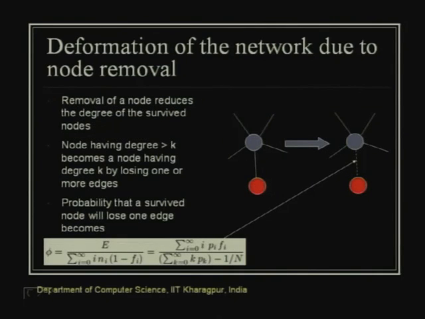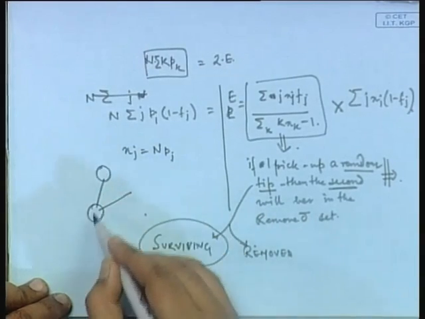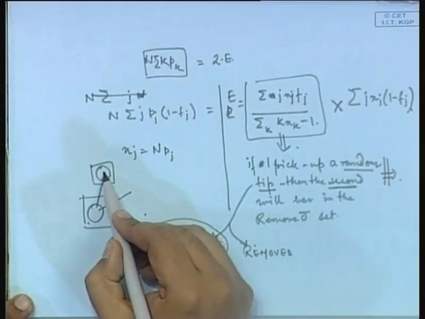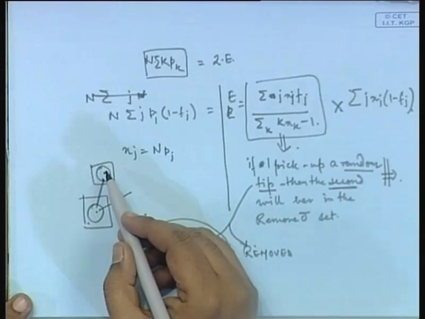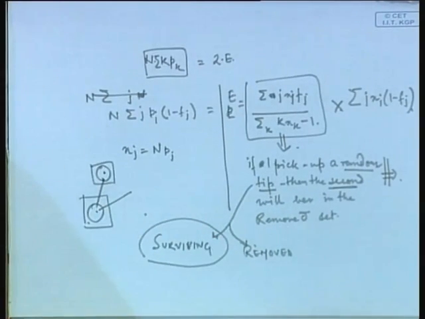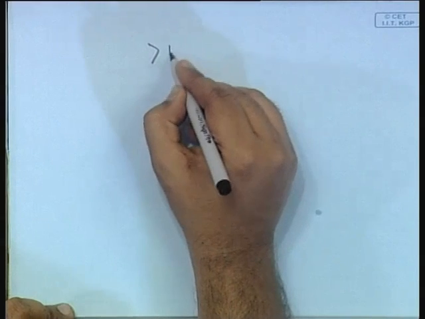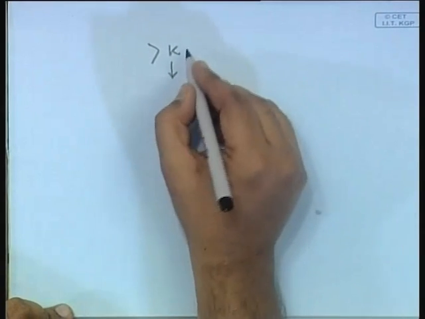Removal of a node reduces the degree of the surviving nodes. Now consider nodes having degree greater than k.